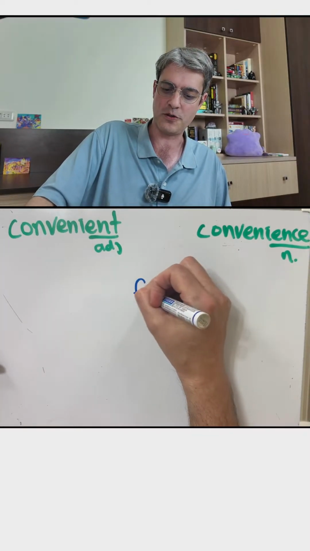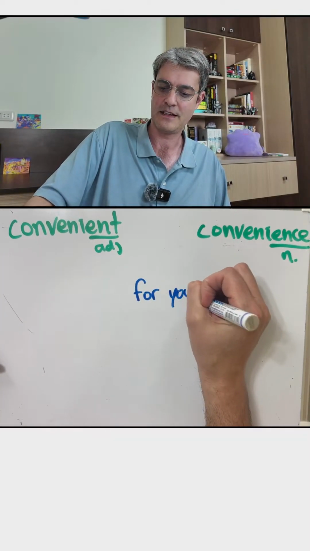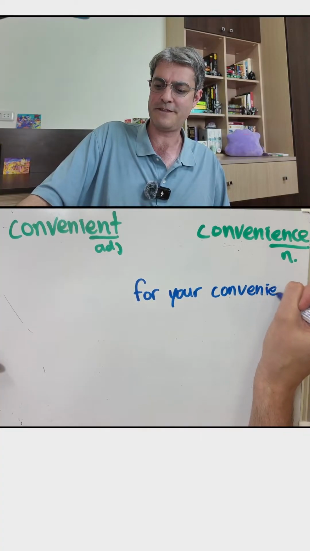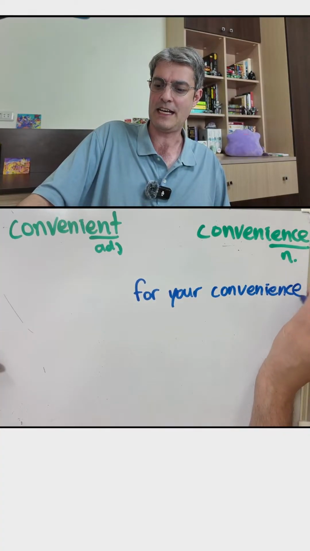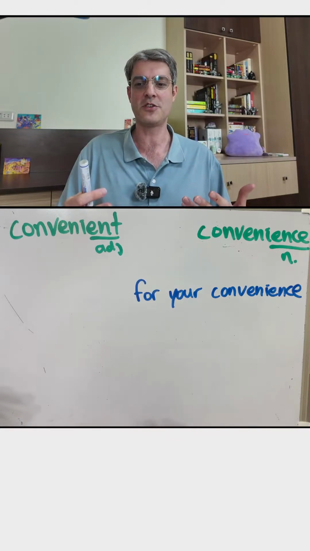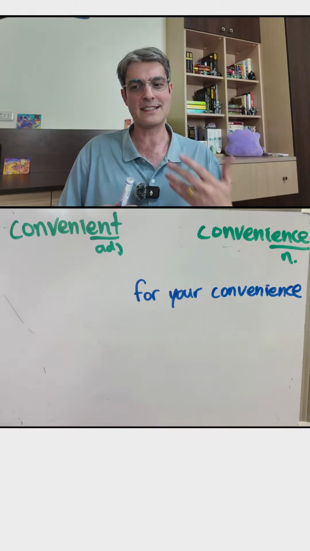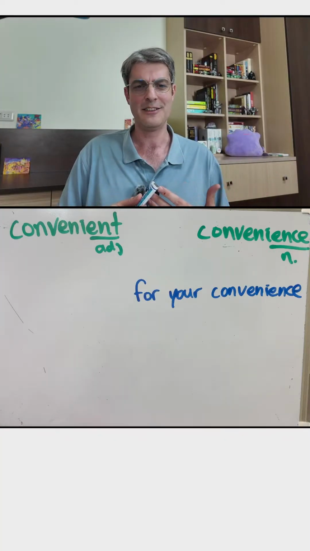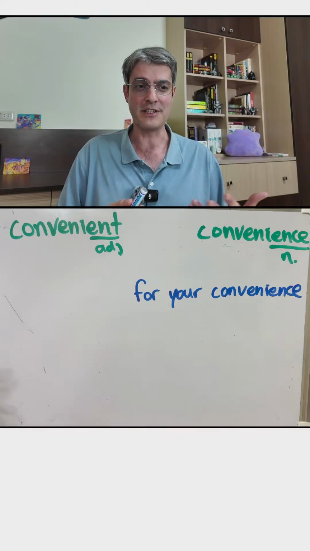We got for your convenience. And you'll often see this as kind of serving as a polite or professional way to show that something is designed to make a task or a process easier or faster or more efficient for you.